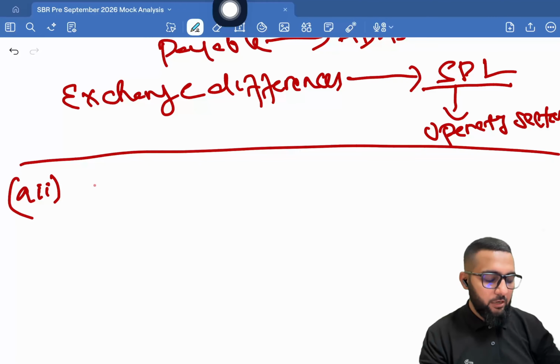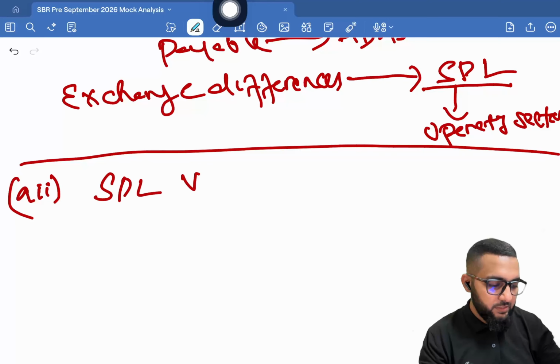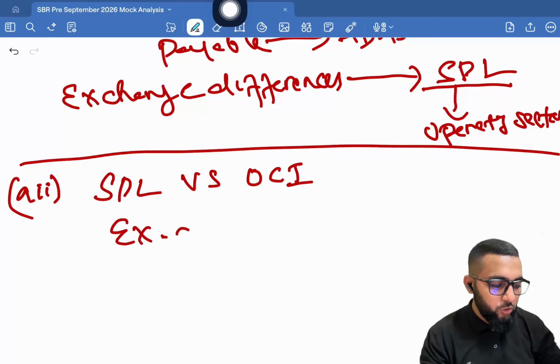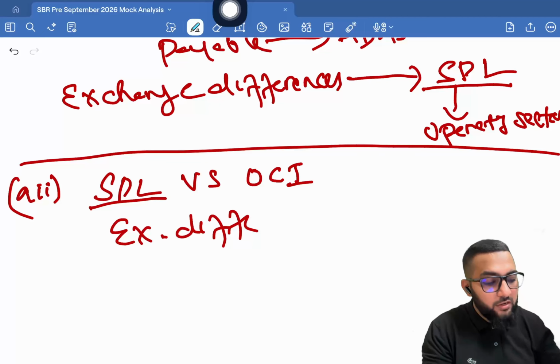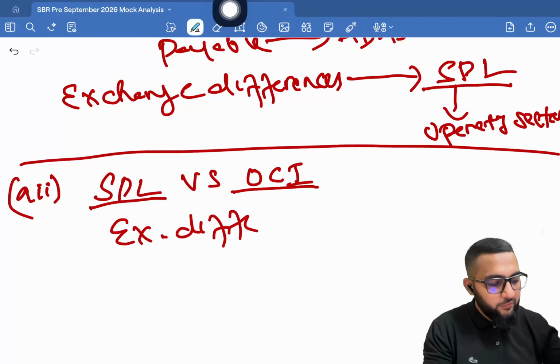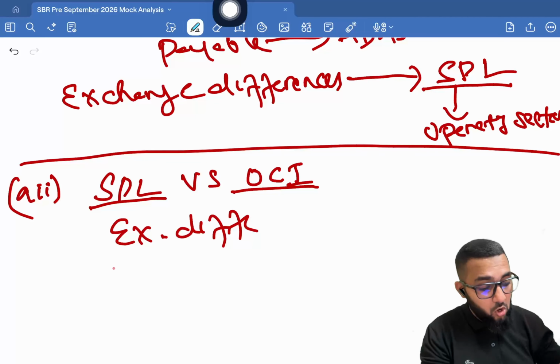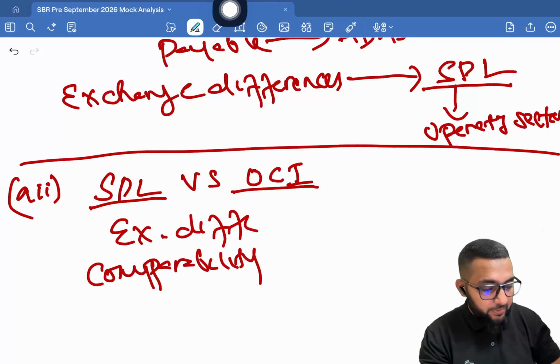You have to speak from the perspective of SPL versus OCI, right? Exchange differences, although they are of the same quality, right? Ideally, it should be the same situation. But why is it being recorded under two different areas? Now that raises a question on comparability, right? Comparability.